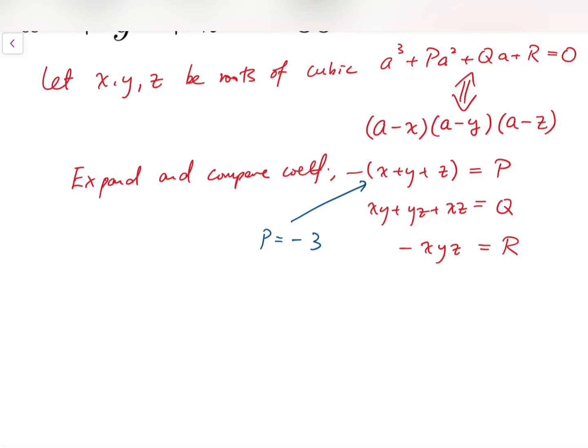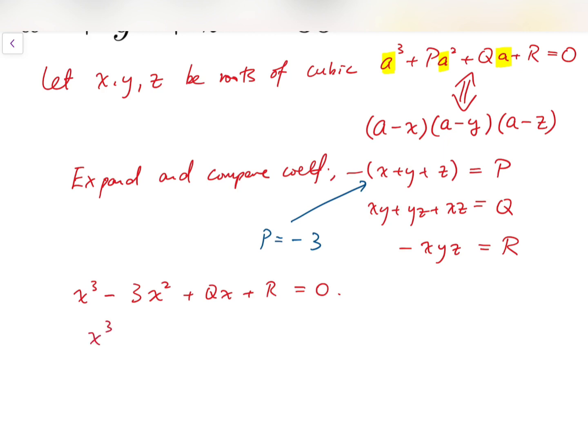Now further from the cubic, I can replace the unknown a in the equation by x, y, or z. By doing so, I'll have a relation on x, which is x cubed minus 3x squared, and then for q I'll just put it as q for the time being, qx plus r equals 0.